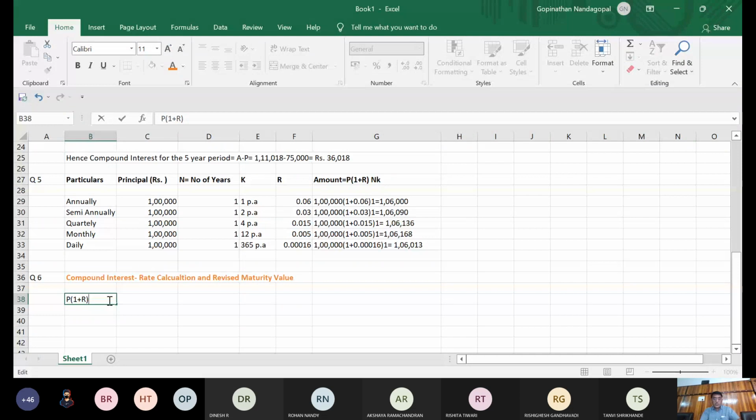So now if you see the division of this, P is equal to principal amount. So if you see the principal amount, it is 10,000.